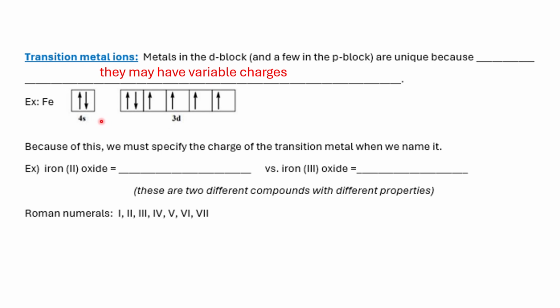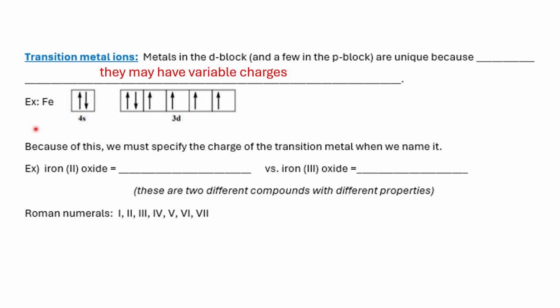Other times, iron will actually go ahead and lose those two and lose maybe this little down arrow from this 3d orbital that is paired up. And we don't have to get into too much about why that is. Just understand that this does happen. The s's and d's are very similar in energy, and so losing a 4s electron is not that different from losing a 3d electron, and so that's why we end up with our transition metals having varying charges.